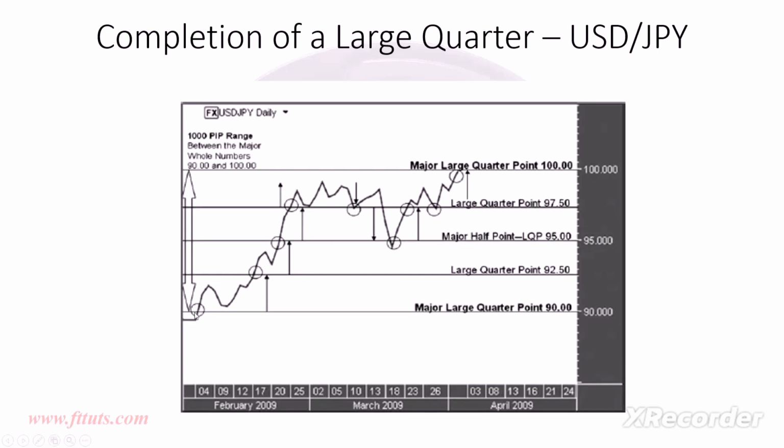And as you can see, price came up, down, until eventually it hit this large quarter of 92.50 and kept going up, a little bit of a retracement, hit that half point, that major half of 95, continued up, hit 97.50, and then retraced, hit it again, came back through and hit 95 one more time and had a little bit of overshoot.